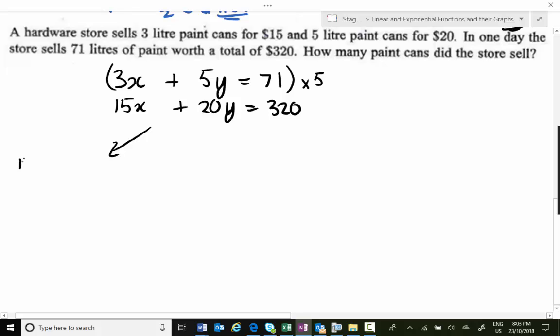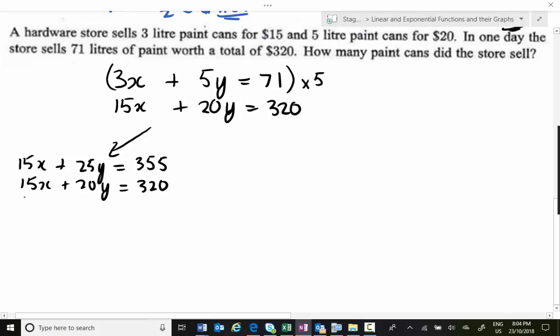So we're going to get 15x plus 25y. Now 71 times 5, 70 times 5 is 350, and 5 times 1 is 5. You could do that on your calculator, by the way. Plus 20y, and that's equal to 320.